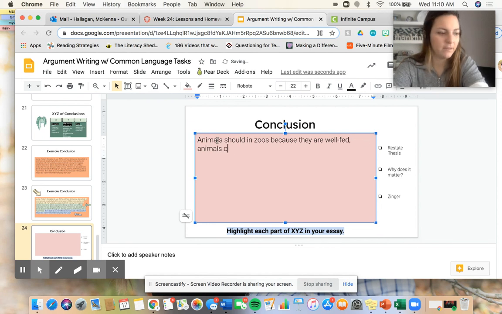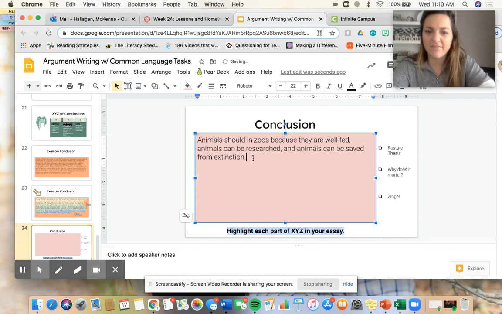Animals can be researched, and animals can be saved from extinction. So say that this right here, highlighted in yellow, is my original thesis found in the introduction. Okay?